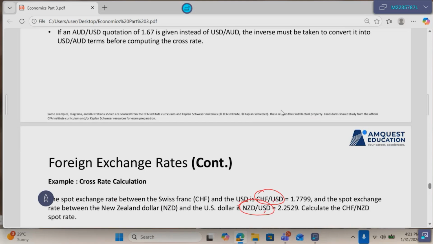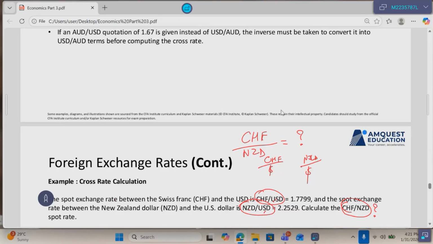And understand what they're asking you. They don't want New Zealand dollar to Swiss franc. They want Swiss franc to New Zealand dollars. So they are saying, what is the Swiss franc rate upon the New Zealand dollar rate? CHF per dollar, NZD per dollar. How to get CHF per NZD?